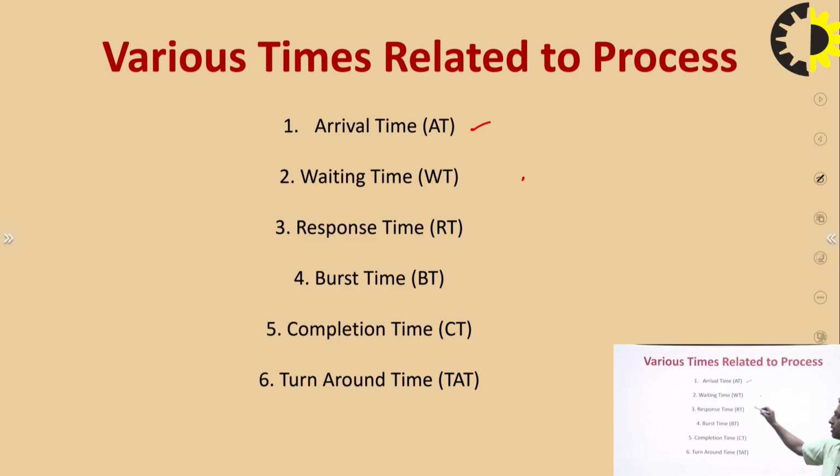Response time is the difference between arrival and first execution, after how much time the process starts execution for the first time after coming into the ready queue. Burst time is how much time it executed in the CPU, and completion time is the last point where the process completed. And we will see turnaround time.